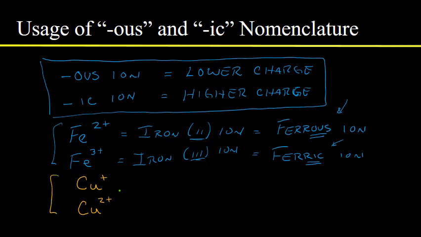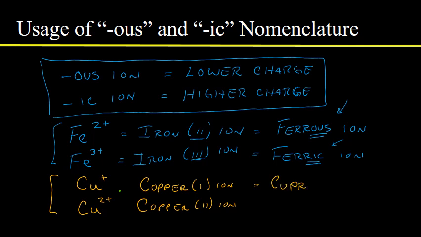So we can do the same thing for copper, for example. Copper has only 2 common charges. There's a copper(I) ion, and there's a copper(II) ion. And so just like with iron, you will sometimes see copper(I) referred to as the cuprous ion, and copper(II) referred to as the cupric ion.